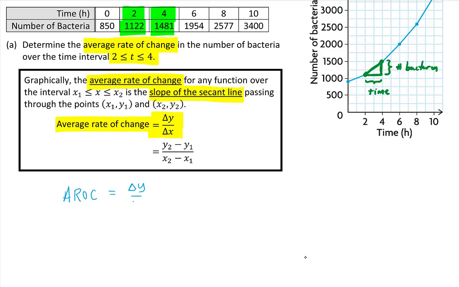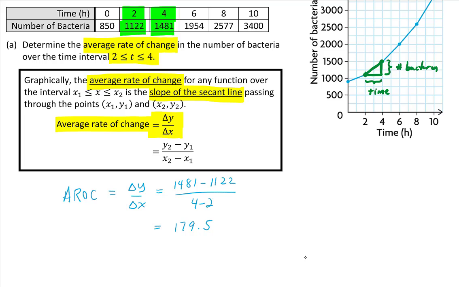So we have delta y over delta x, which in this example is 1481 minus 1122 divided by 4 minus 2. Using your calculator, you'll see you get 179.5 for the slope of your secant. We have units for average rates of change.